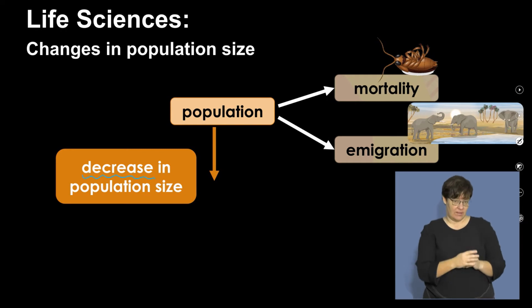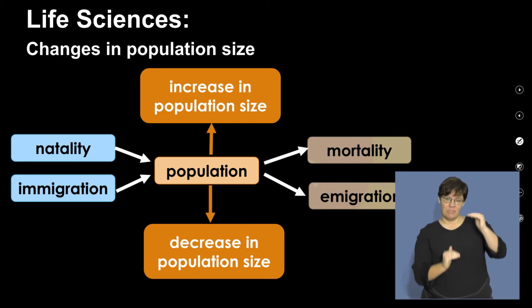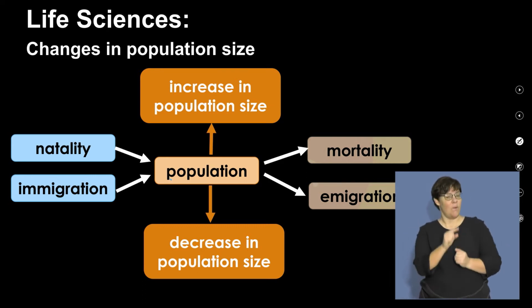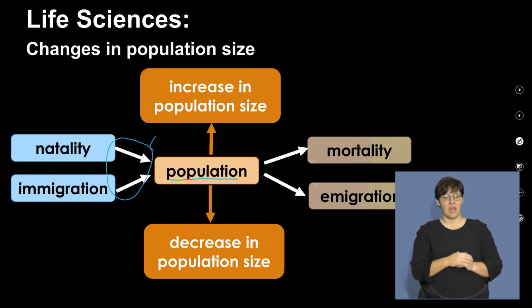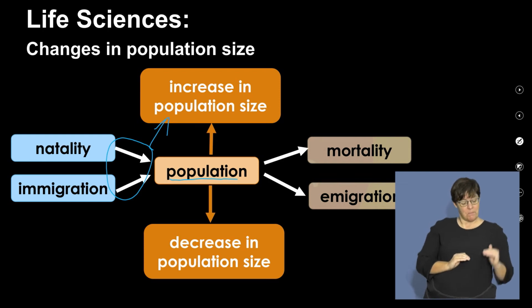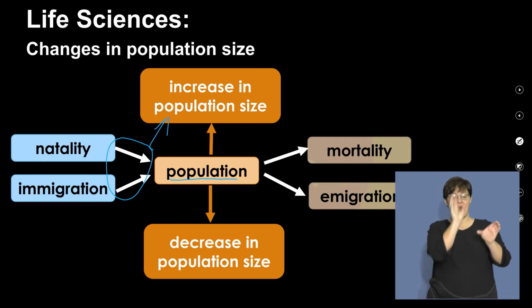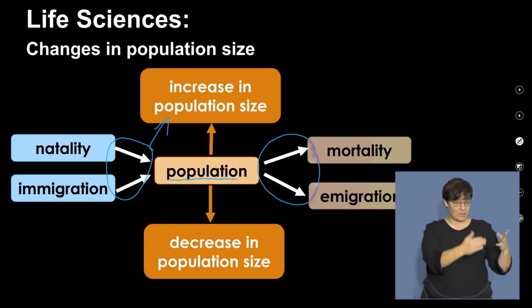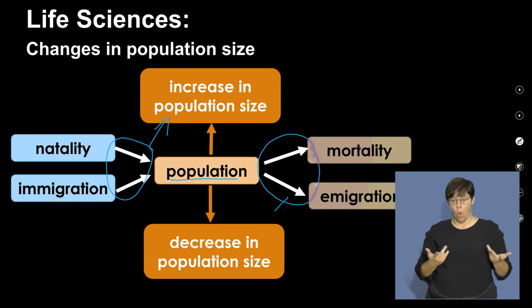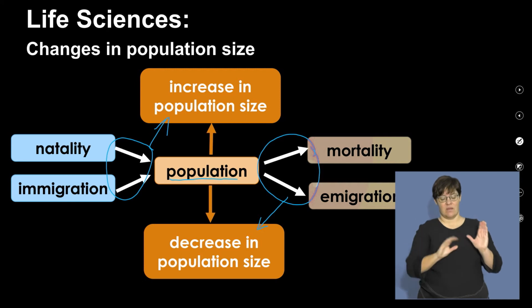So now we can look at how parameters change population size. We're going to have two parameters increasing population size, birth rate and immigration, and two parameters, mortality and emigration, decreasing the population size.